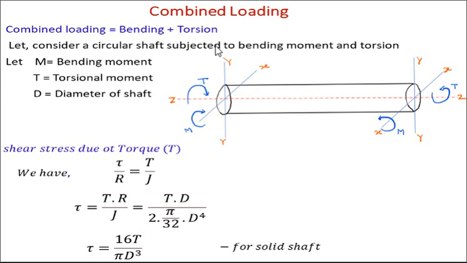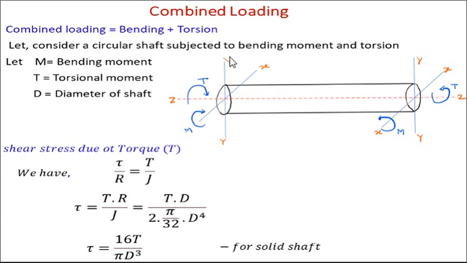Already we know that torsion is a twisting moment due to the applied torque. So these two different loadings are acting combinedly on the member. That's why this member is in a combined type of loading.